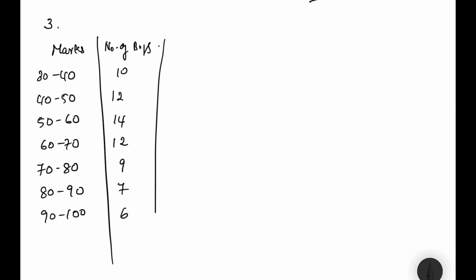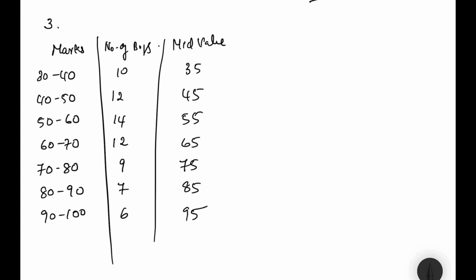So first we will find the mid value as told earlier. Mid value will be 35, 45, 55, 65, 75, 85, 95. Next, similarly I have to take the assumed mean. Let me take the assumed mean as 65 here.